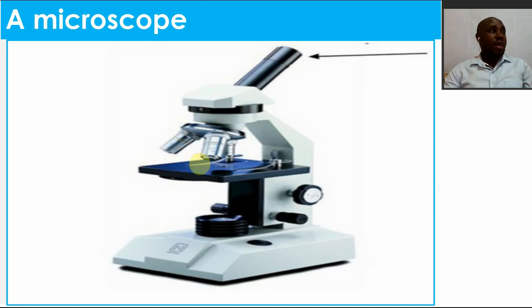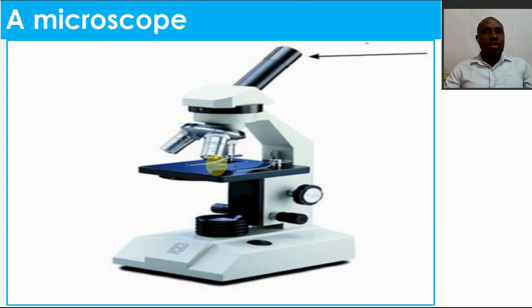There are some magnifying lenses here. To magnify means they make things big. If they put something very small, they will change it to be a little bit bigger. So that's how a microscope looks.